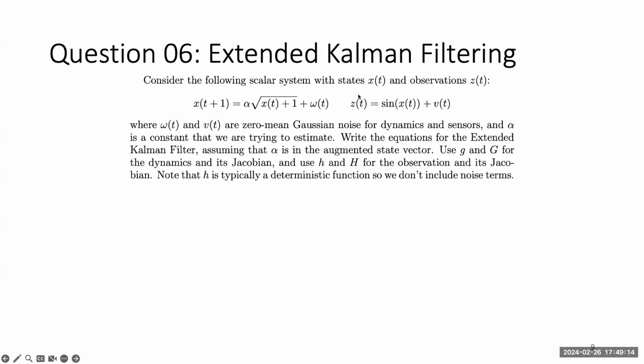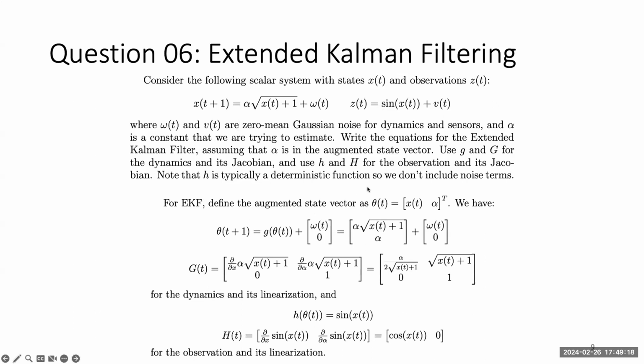The way that I chose to do this is you define the augmented state vector as this thing, with theta transpose. So this is our state, it's two-dimensional.